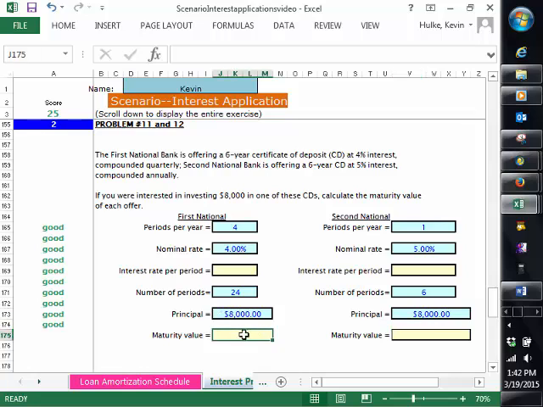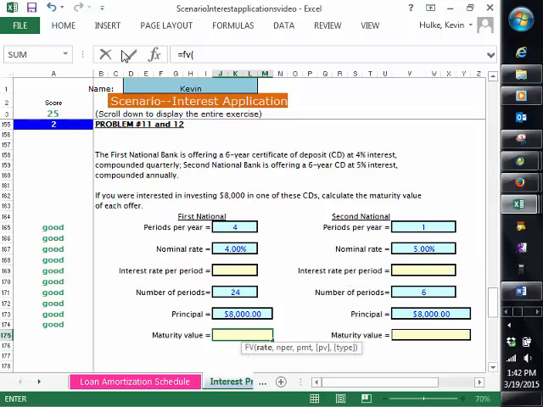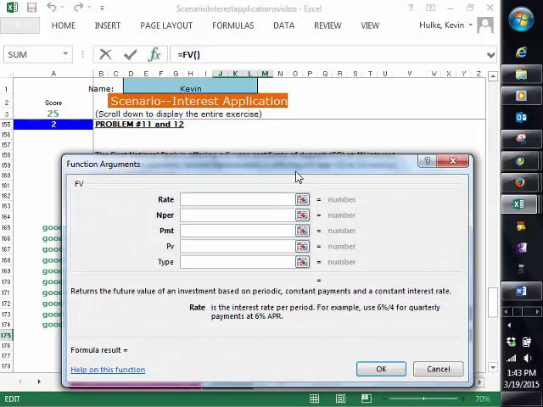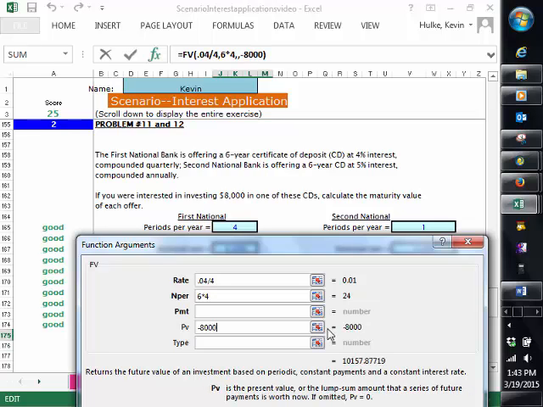Okay, so let's get the maturity value. Equals future value, remember that's the same as maturity value, and then we can pull down the FX. We've got the rate is 0.04, but it's quarterly. 6 years quarterly, negative $8,000.